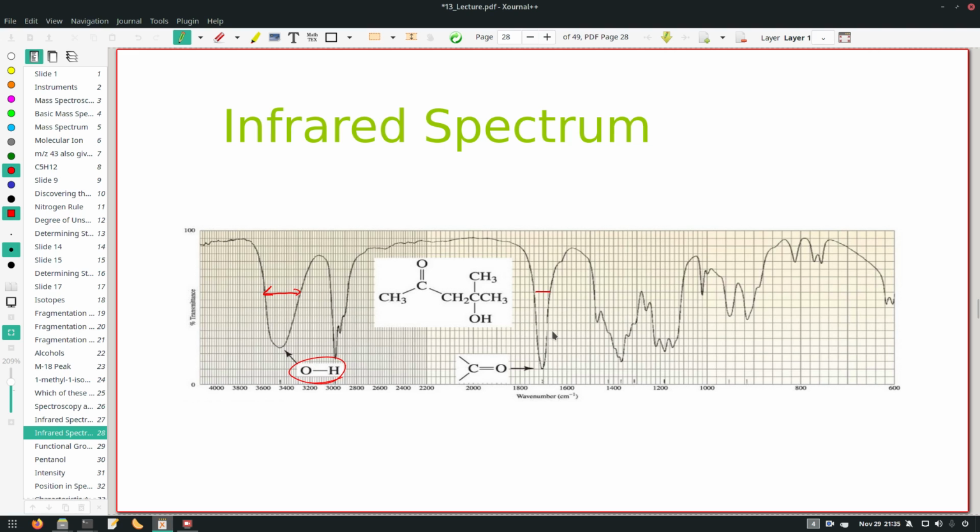All right. Problem is, it turns out the rest of this is not told about in that structure. What I mean by that is, we're going to see that this carbonyl peak and that OH peak would happen in almost any molecule that has those two functional groups.